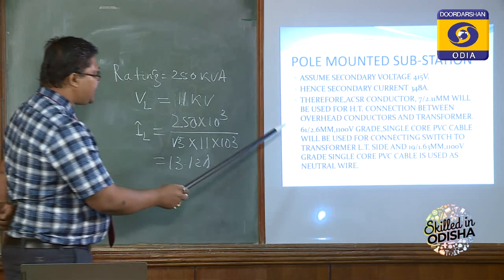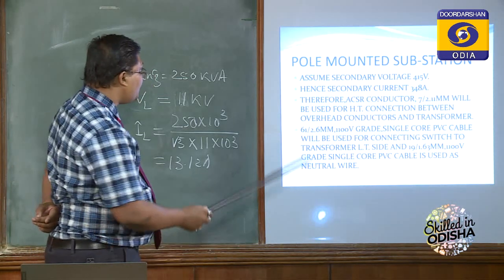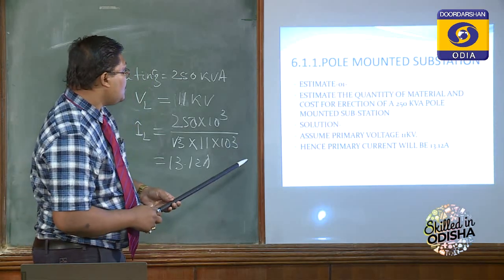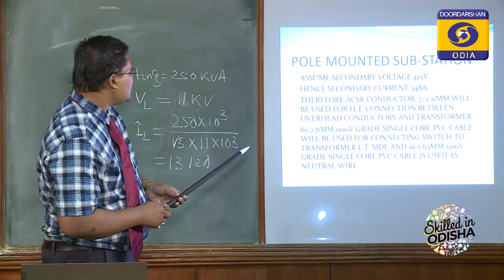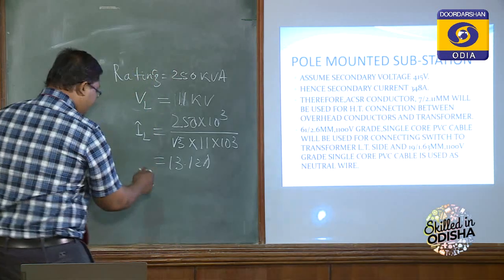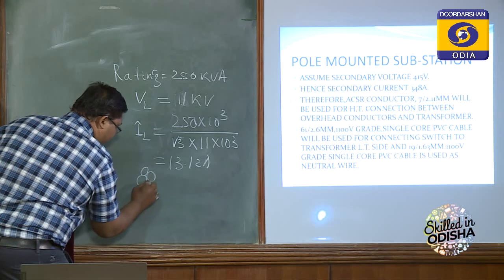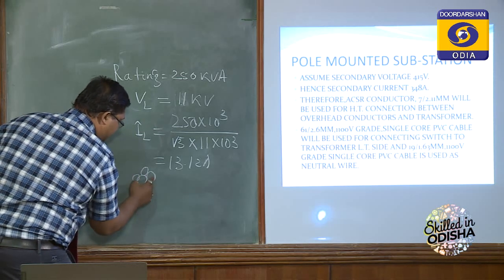What question arises, what is 61, what is 2.6, and what is 7 by 2.11 mm in the previous case? 7 means the middle conductor and this is a strand of 7 conductors, 1 2 3, 1 2 3 4 5 6 7.